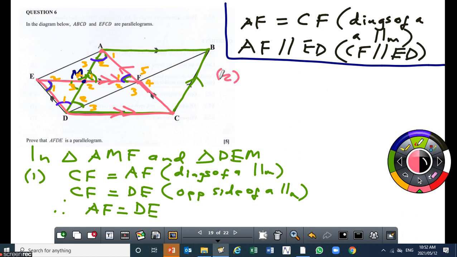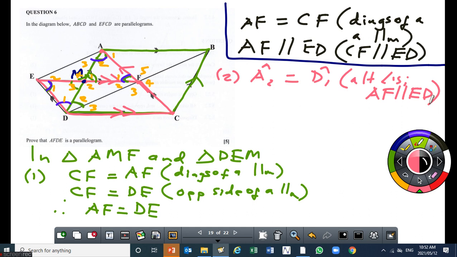I'll say number 2 here, angle A2 is equal to D1. My reason: alternate angles. And then I have to state the lines that are parallel. That would be ED is parallel to AF, or you can say AF is parallel to ED.